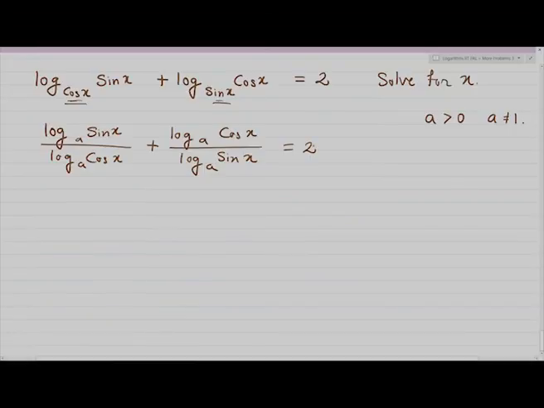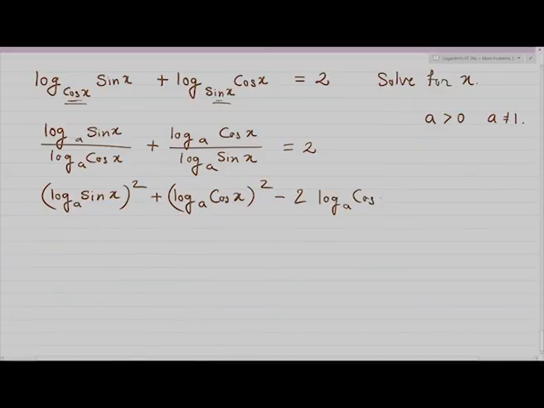Okay. Now, if I simplify this, what I get is log of sin x the whole square. So, I am just simplifying, I am taking the LCM of the denominator and simplifying it, putting it on the other side, and you must be an expert in this particular computation. Minus 2 times log to the base a of cos x into log to the base a of sin x is equal to 0 obviously.